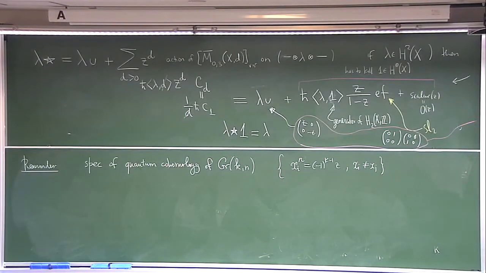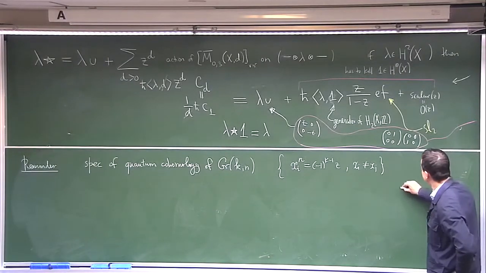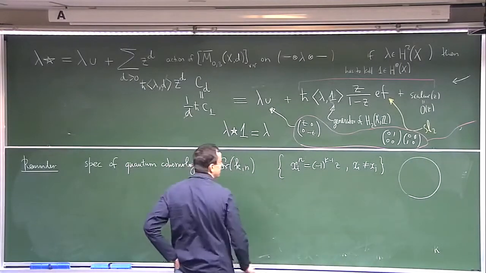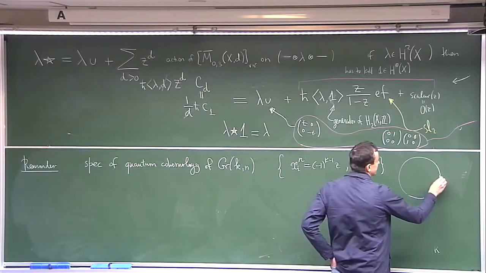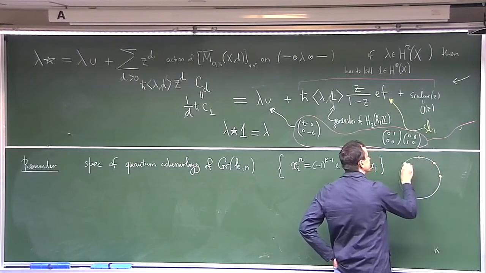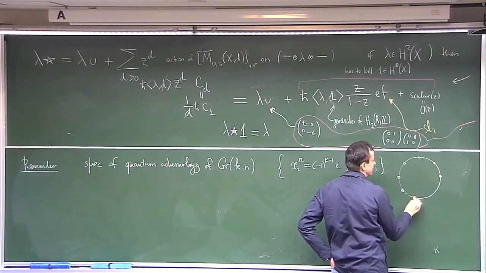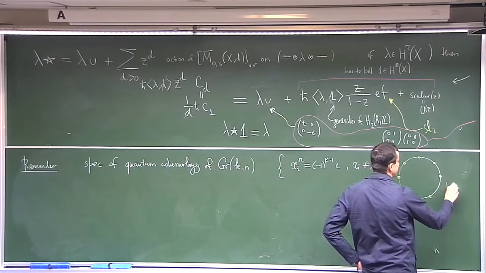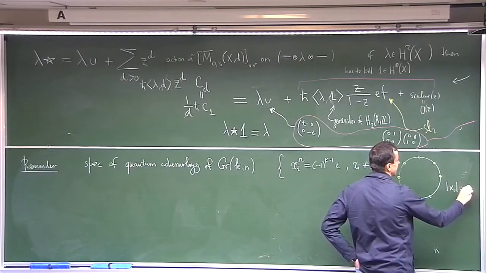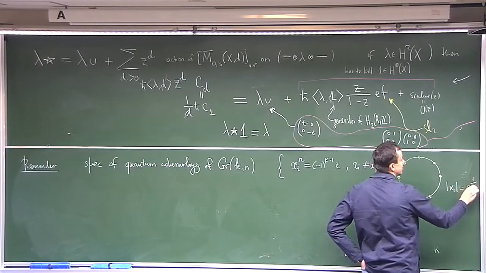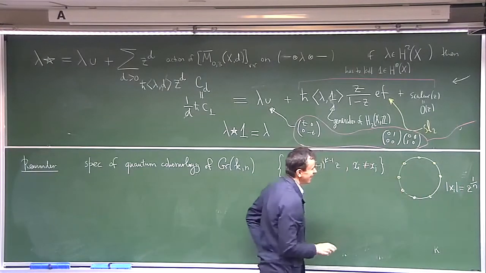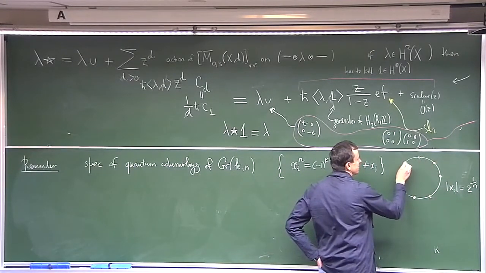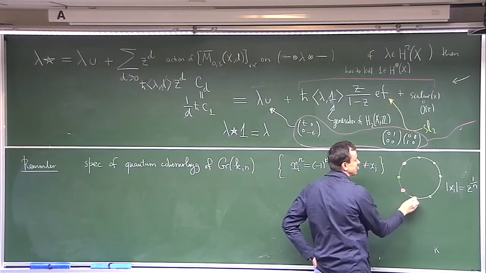For projective space, we look at roots of unity, the equidistant points where the absolute value of x_i is |z|^(1/n), and for the Grassmannian we have to choose a k-element subset of distinct points.